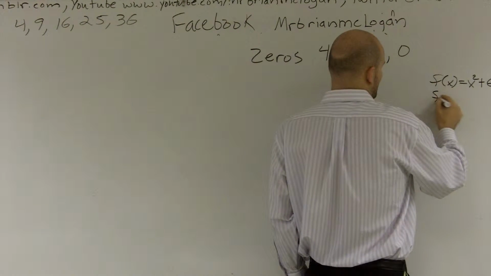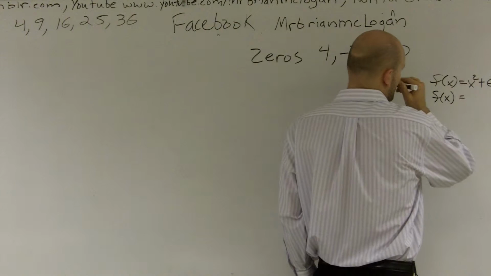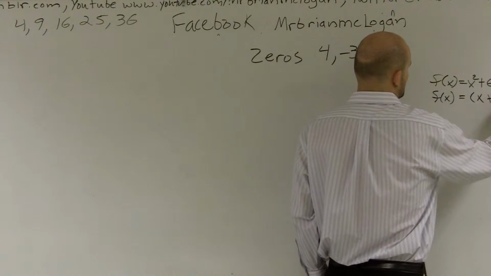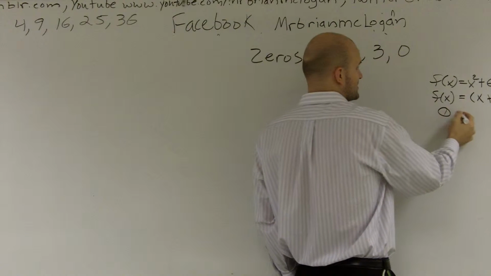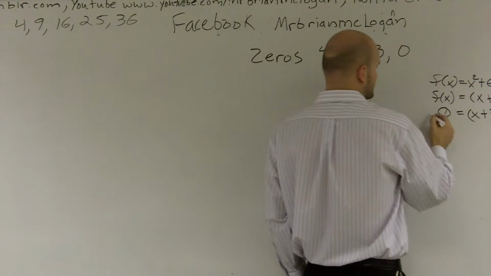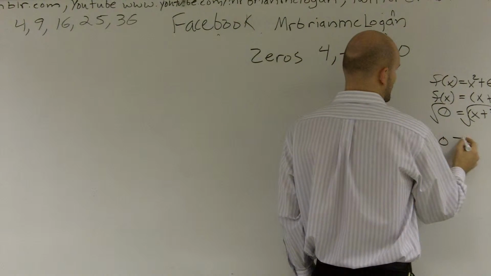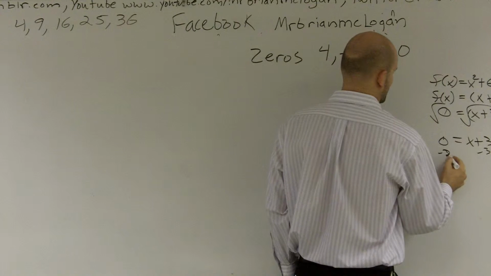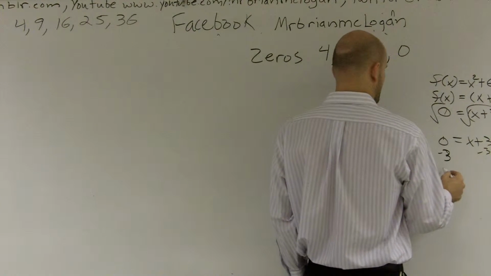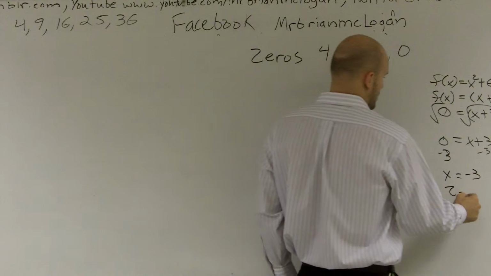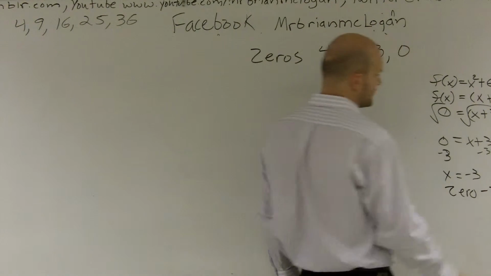Therefore f of x equals (x plus 3) squared. To find the zeros, 0 equals (x plus 3) squared. Take the square root: 0 equals x plus 3. Subtract 3. x equals negative 3. So our zero would be negative 3.